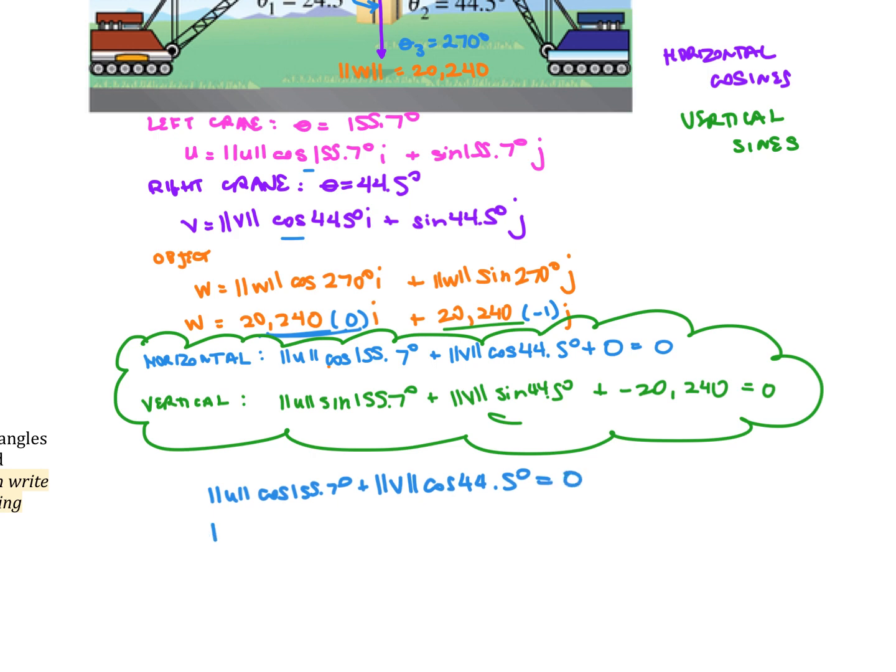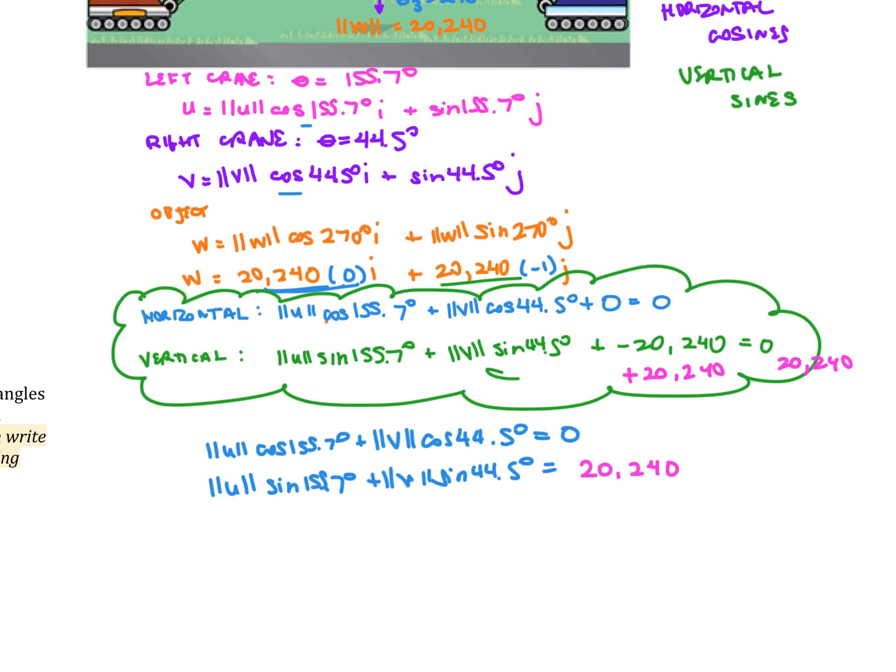Then my other equation is magnitude of u sine 155.7 degrees plus magnitude of v sine of 44.5 degrees. And then I'm going to add the 20,240 to both sides. So now this equation equals 20,240. Let's go ahead and plug everything in the calculator. We're going to round to 2 decimal places for now.